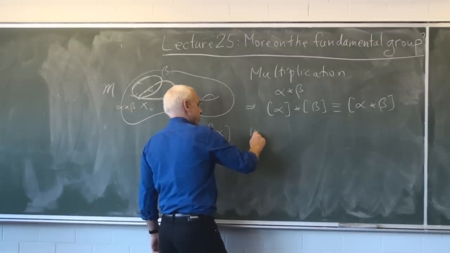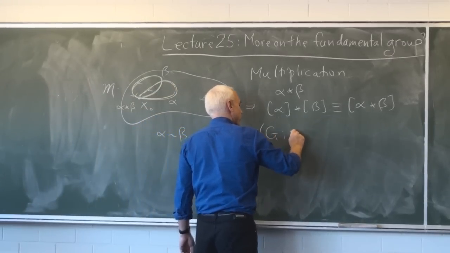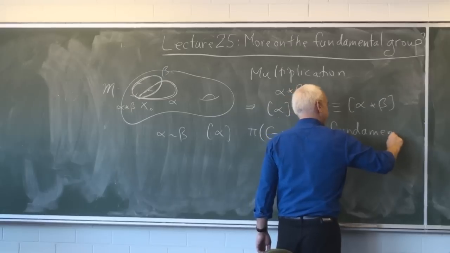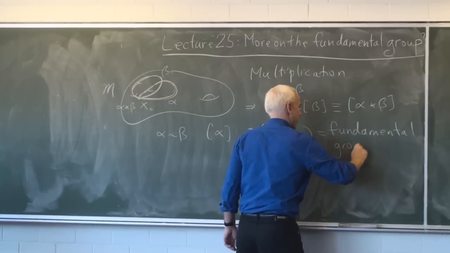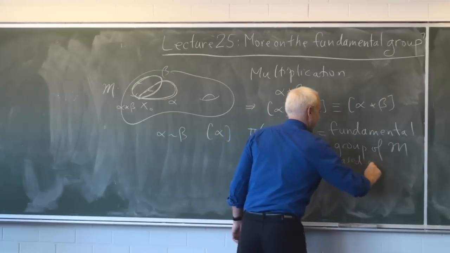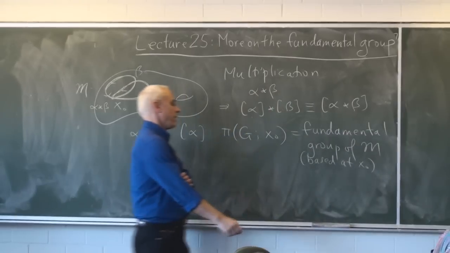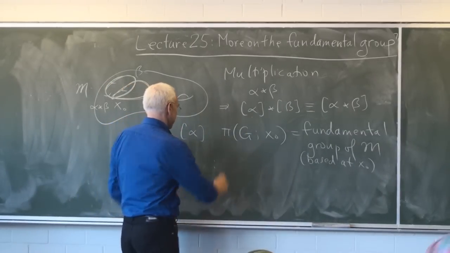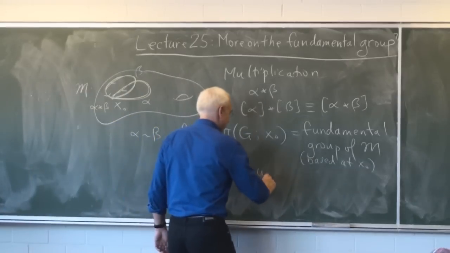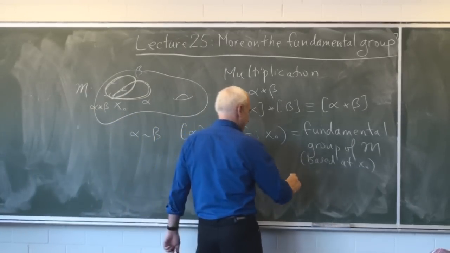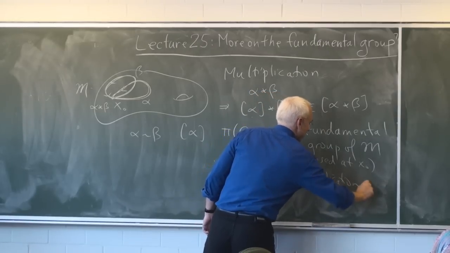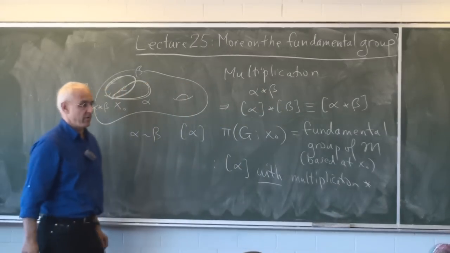And so now we have this fundamental object called the fundamental group of the surface M, based at the point x0. And what that is, is just the equivalence classes of loops alpha together with this multiplication of equivalence classes.